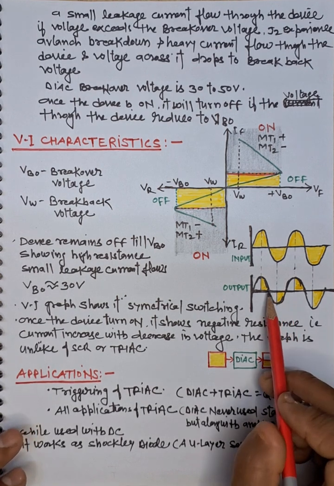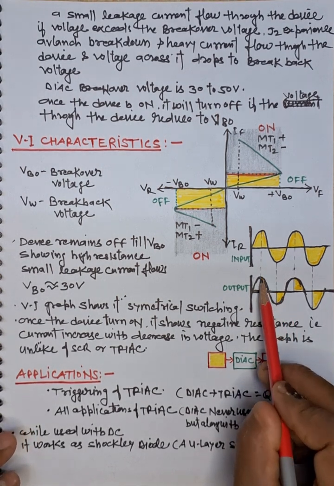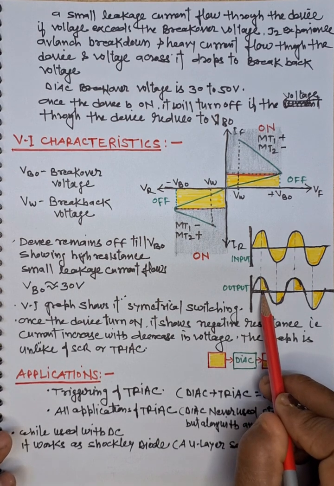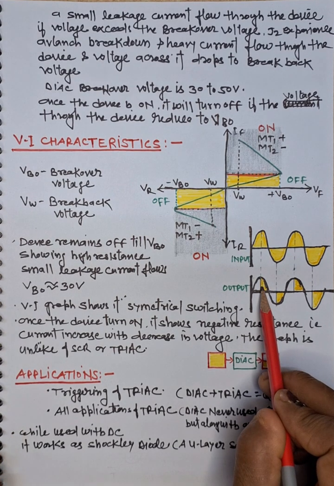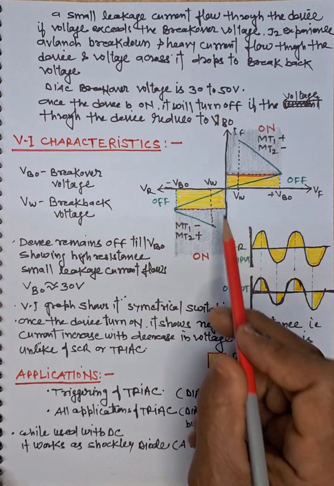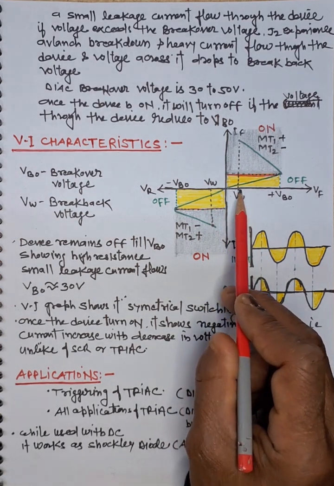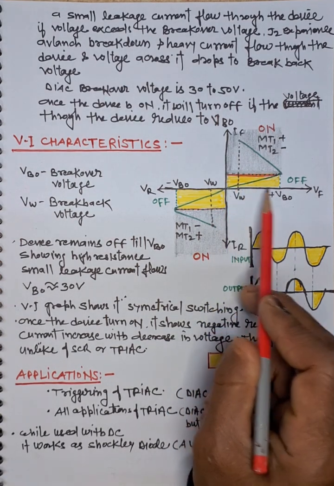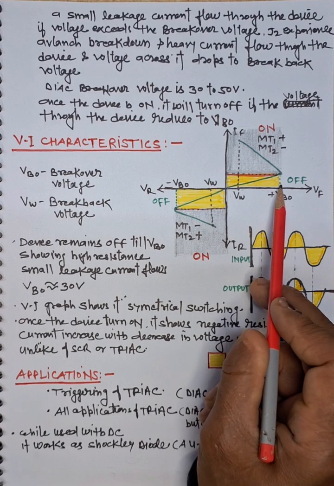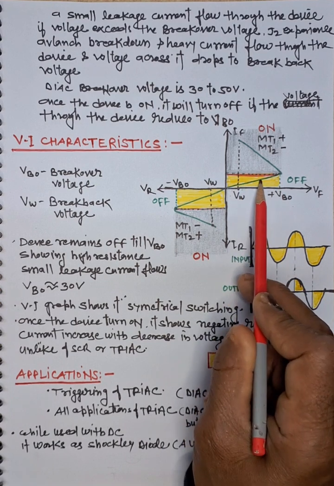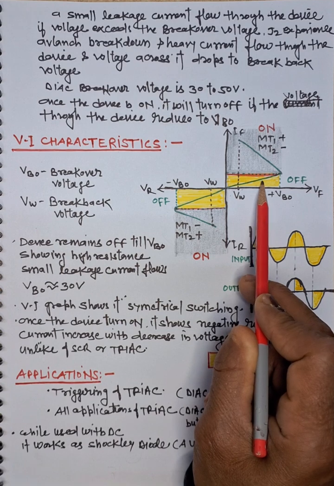So a triggering pulse is generated depending upon the turn on timing of this device, and the turn on depends upon the breakover voltage. If we reduce the breakover voltage, it will get turned on earlier.